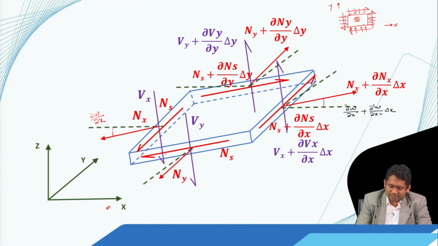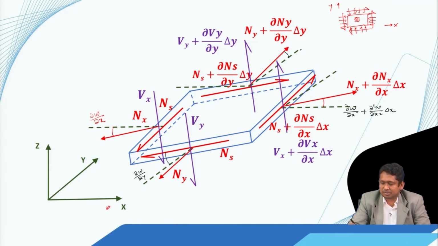Similarly, this is del w by del y, and here we have Ny plus some increment, and the corresponding slope with respect to the y axis is del w by del y plus del 2w by del y2 multiplied by delta y.